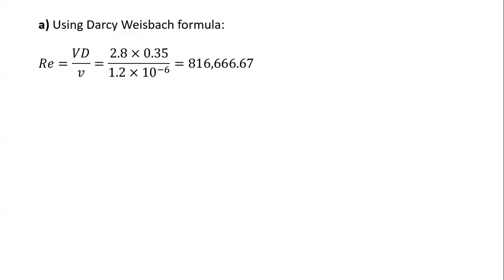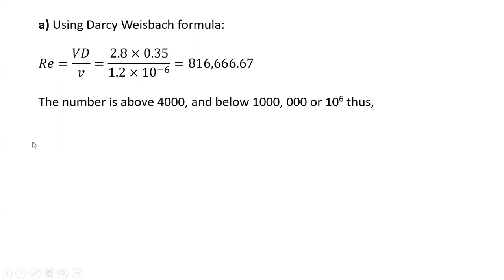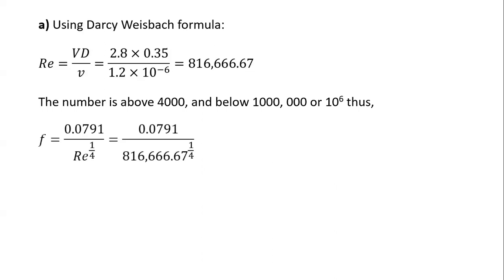Then what else do we have? Looking at the information provided, we're saying that this Reynolds number is above 4,000, so we are supposed to use the formula f equals 0.0791 over Reynolds number raised to the power 1 over 4.